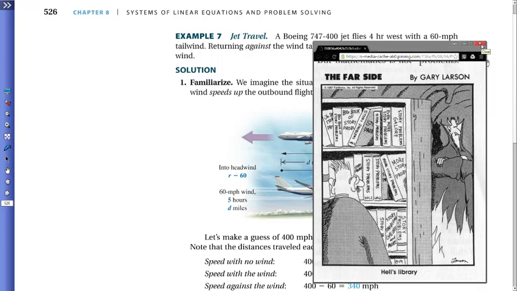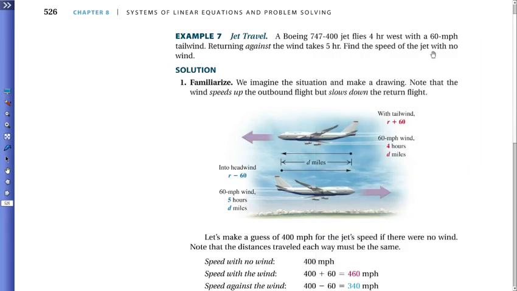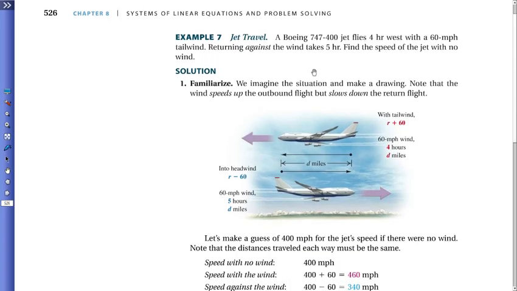If you're getting the systems down and how to write equations, the translation part is the tough part in this. So let's look at this. Probably about as complicated as they get is when you have airplanes traveling.